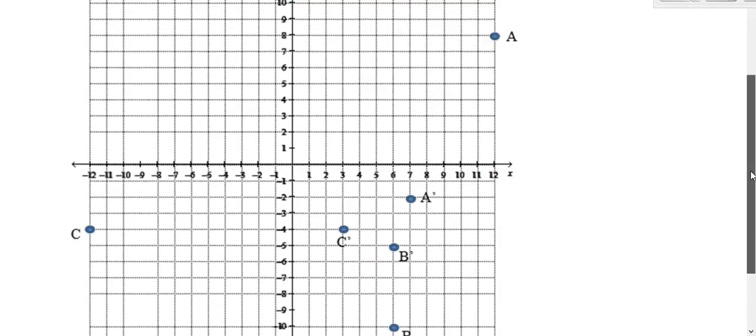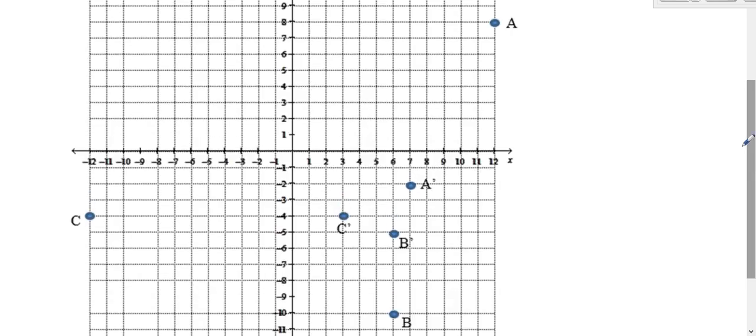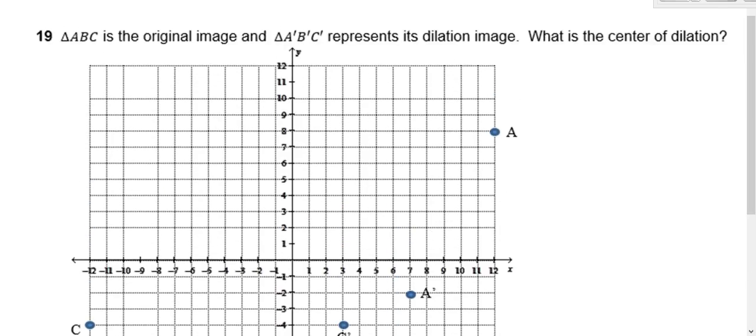So here's the problem I was just referring to, where you are trying to find the center of dilation. Since you know all the image and pre-image points, you just connect them.